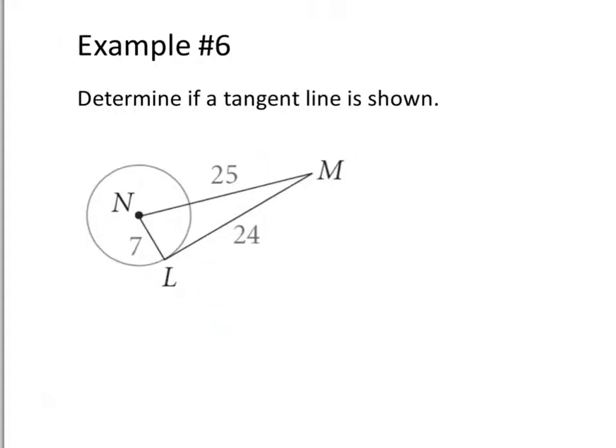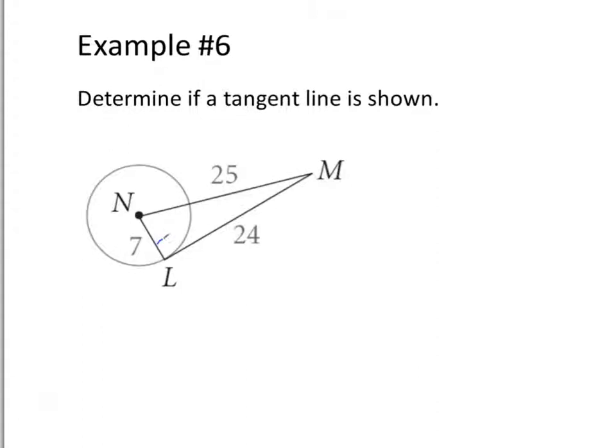To apply the last theorem that says if I have a right angle with my radius and a line that looks tangent, then my line has to be tangent. So now I want to determine in this drawing if LM is a tangent line. I have circle N with the radius and L, and LM looks tangent, but now I want to prove to see if that's tangent.